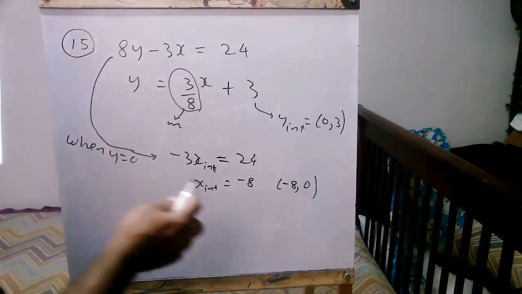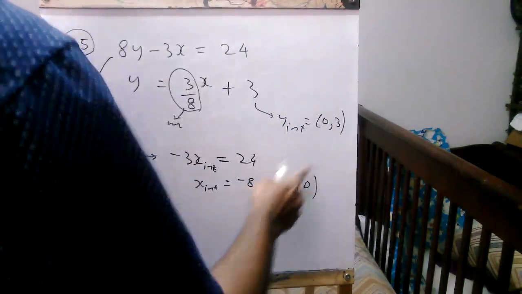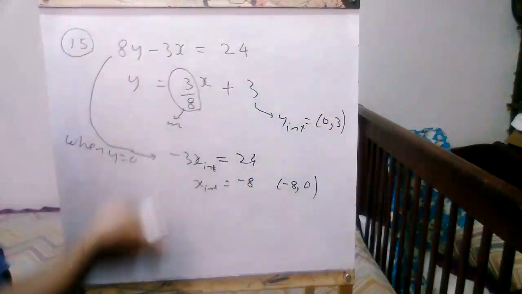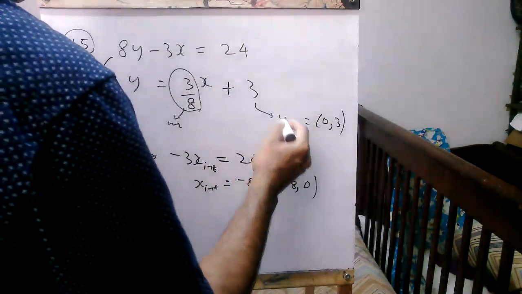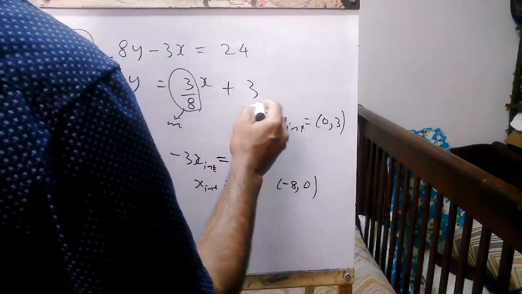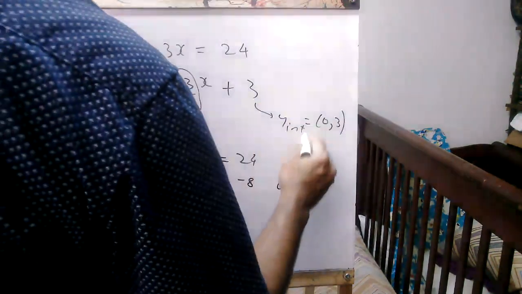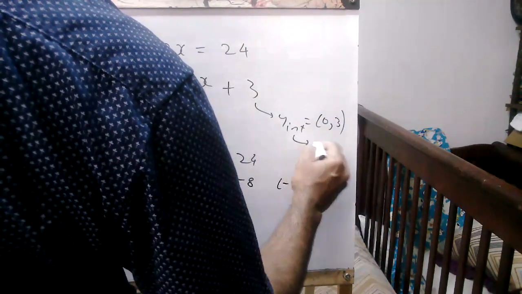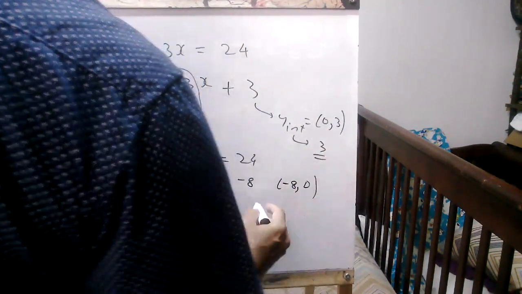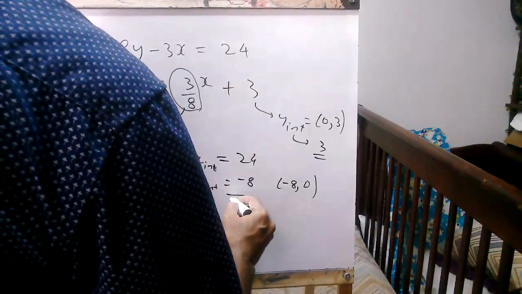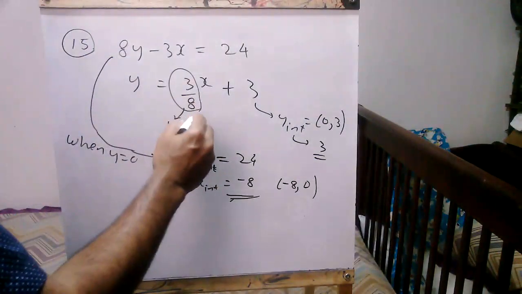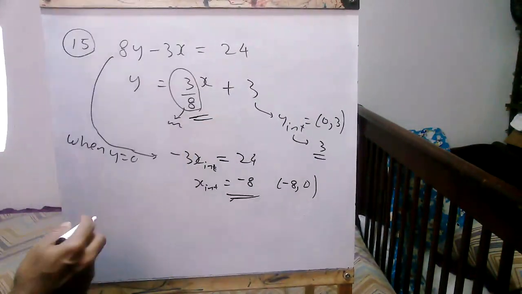Okay, in the answer choices, they're not asking for coordinates, right? So the y-intercept, you simply write 3. X-intercept is negative 8. Slope is this. These are the answers.